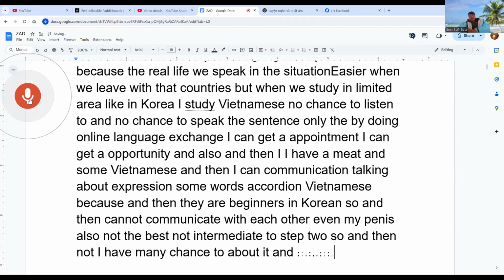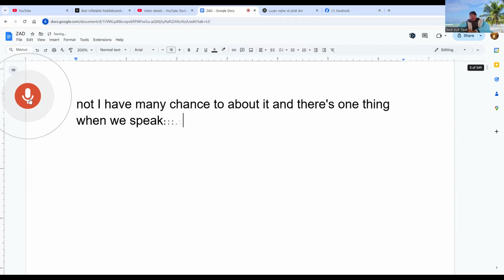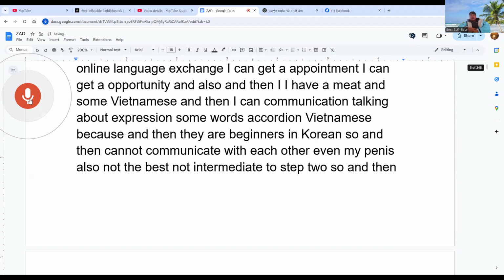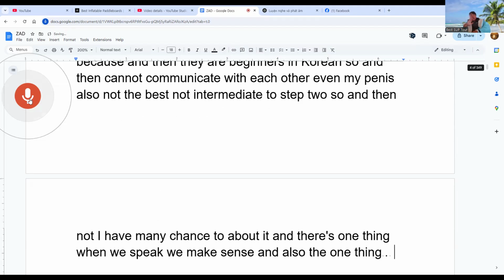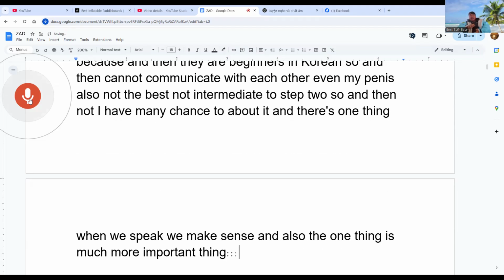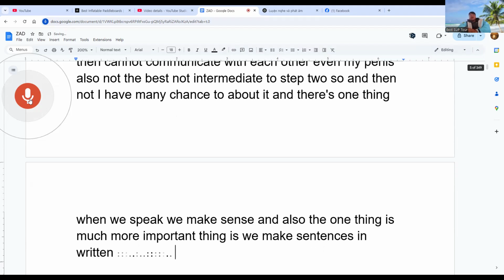When we speak, we make sentences, and that's different. But a much more important thing is that we also make sentences in written language. It's quite different when we write a sentence. Each language has a unique grammar pattern.